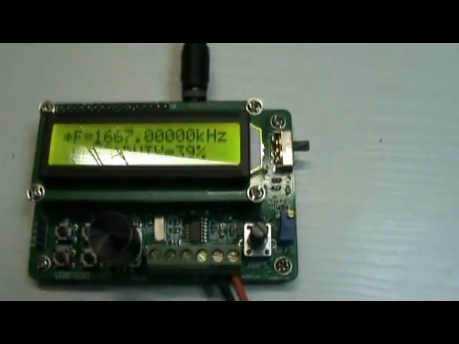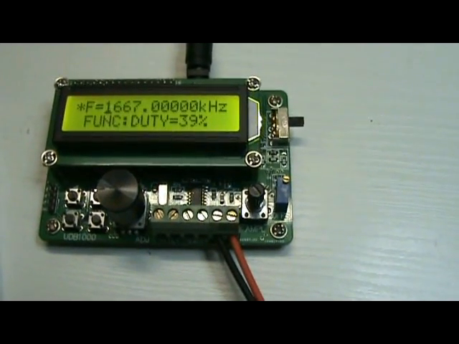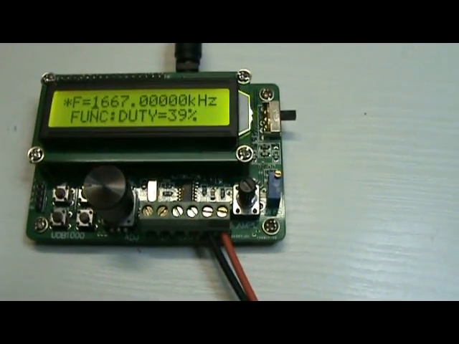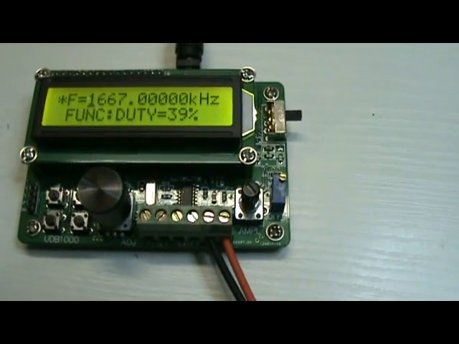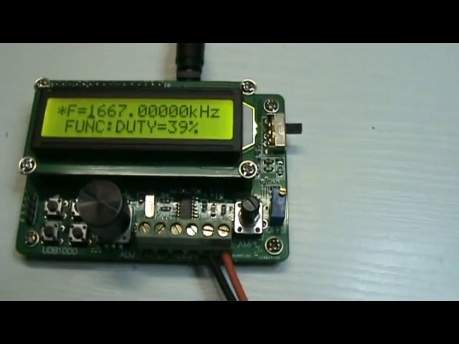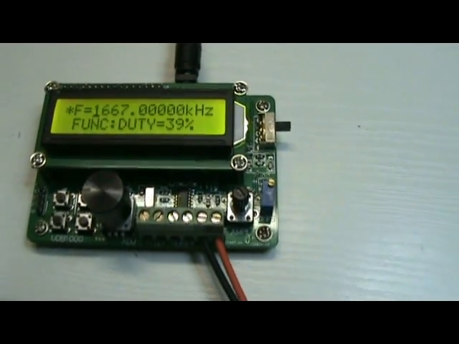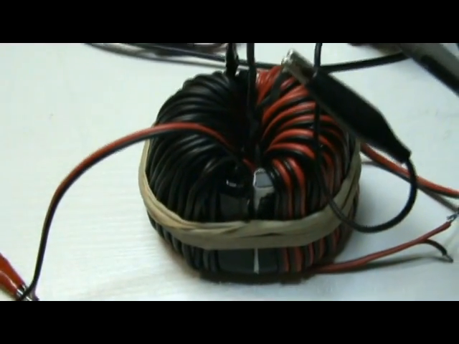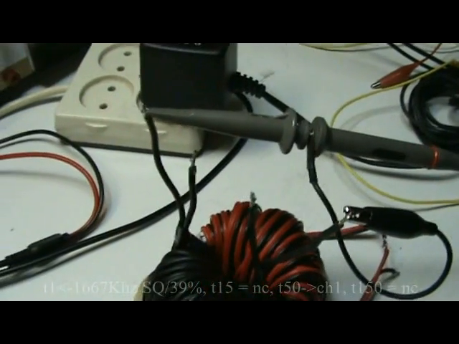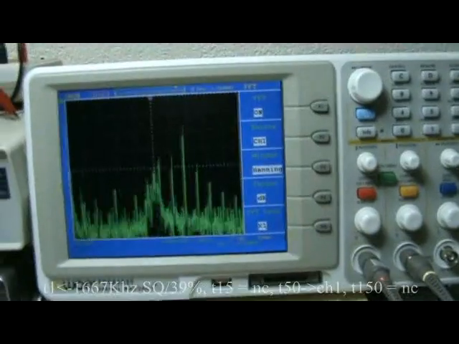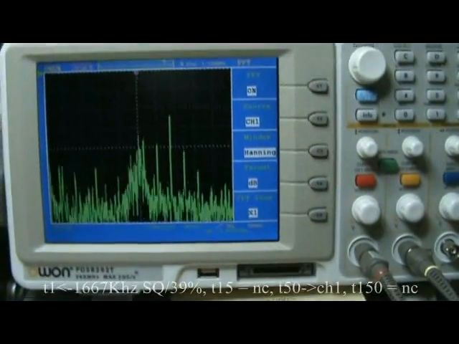So I put my Chinese function generator at 1667 kHz, square wave, duty cycle 39%, and I put it into the copper strip. And I measure on the red probe the 50 turn coil, and I'm looking now at the spectrum of this.